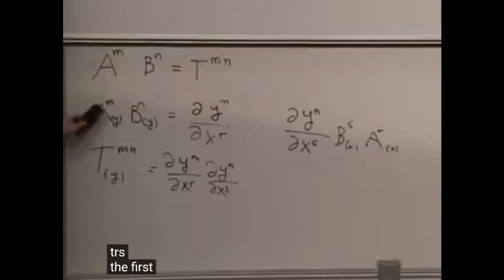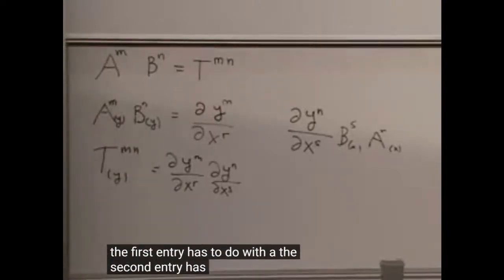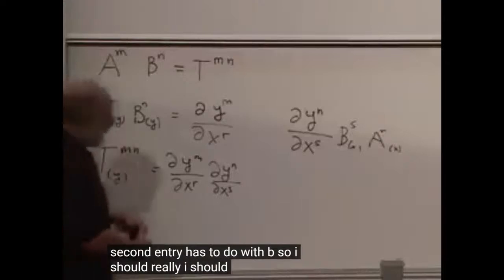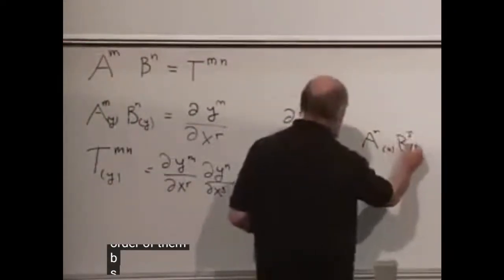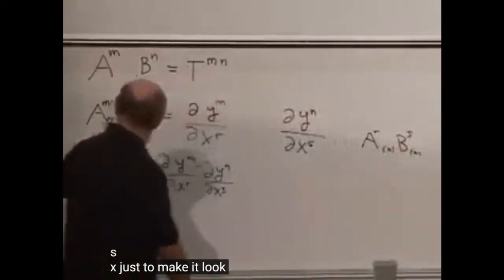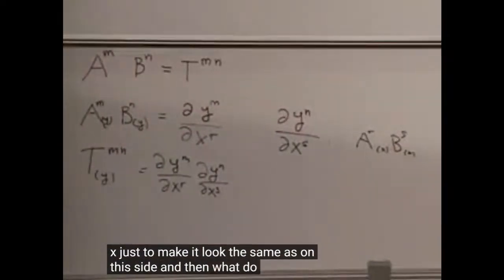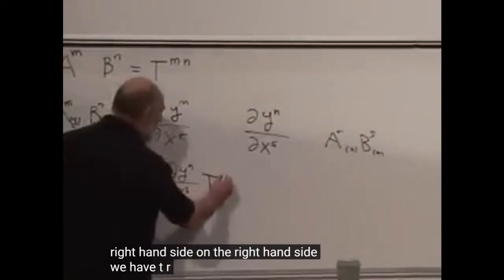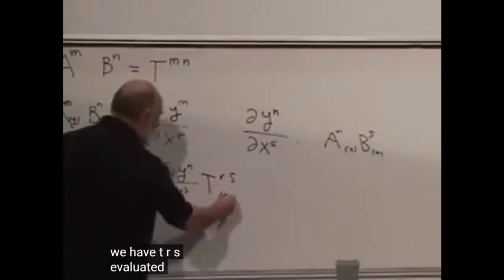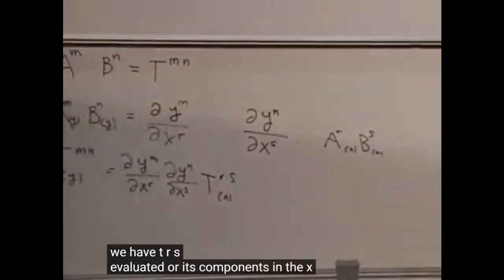The first entry has to do with A, the second entry has to do with B, so I should really invert the order of them, just to make it look the same as on this side. And then what do we see on the right-hand side? On the right-hand side, we have Trs, or its components in the X frame of reference.